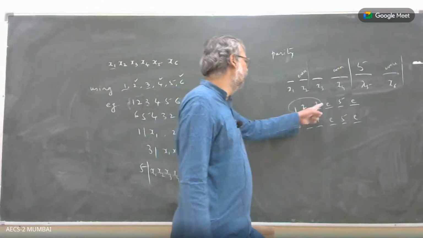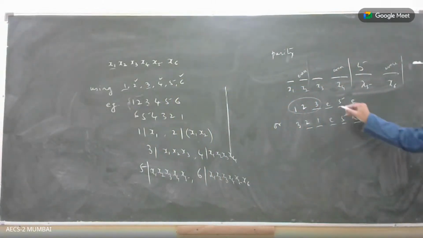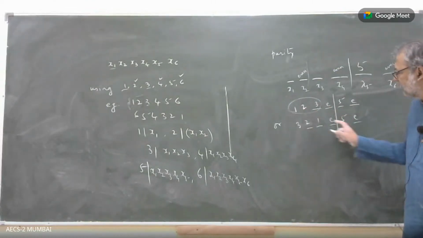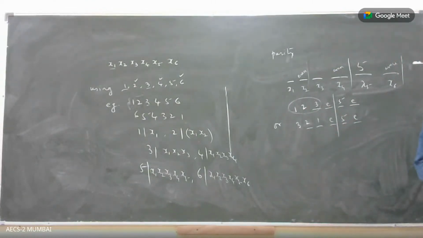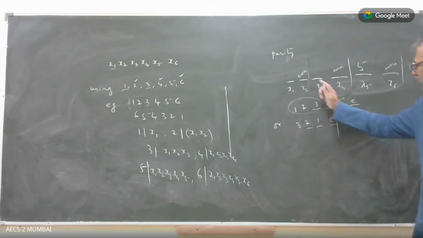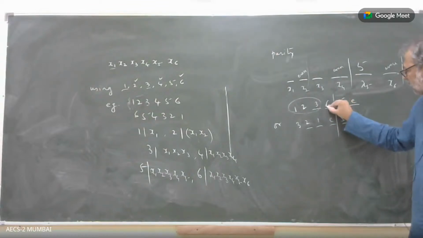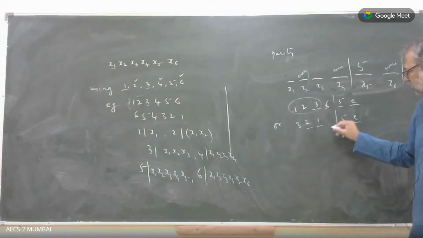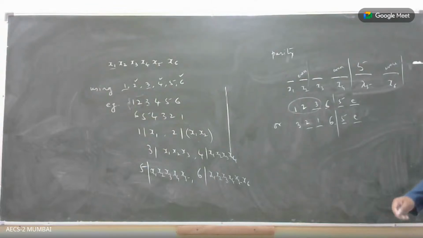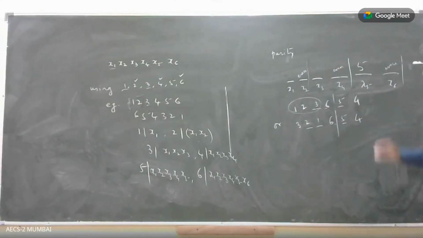Now here I should put either 4 or 6 such that this number is divisible by 4. What is the test of divisibility by 4? Yes, the last 2 digits should be divisible by 4. So what should I put here, 4 or 6? 6. What should I put here, 4 or 6? And I have no choice left. 4 has to be here.